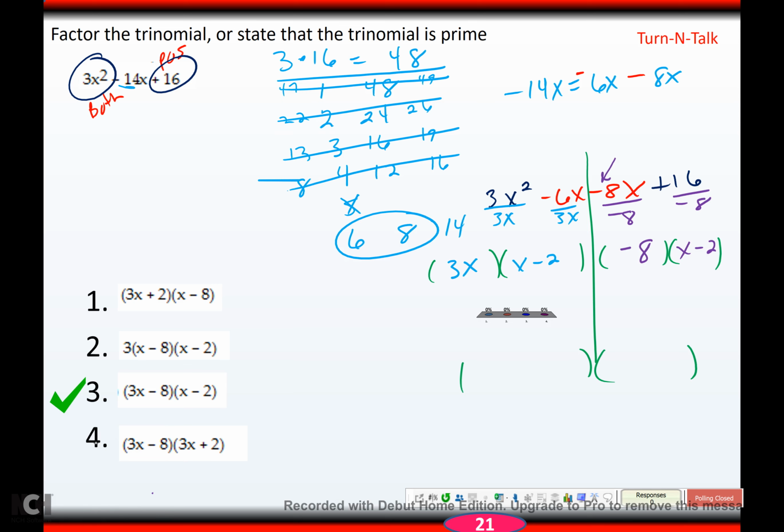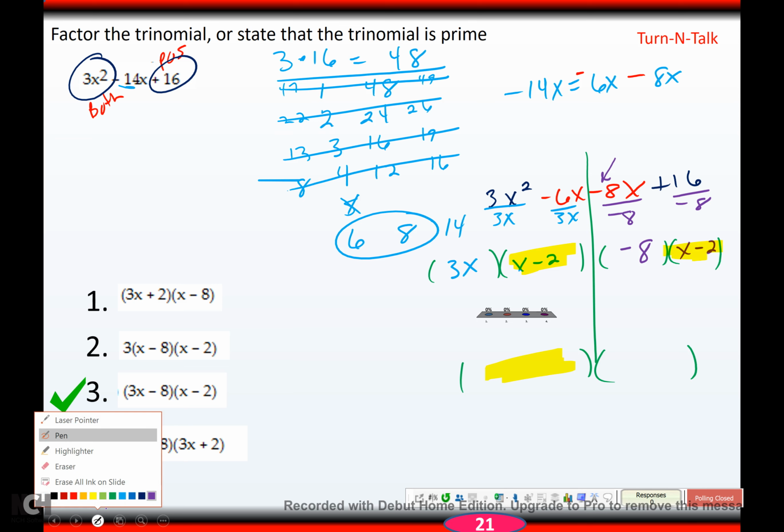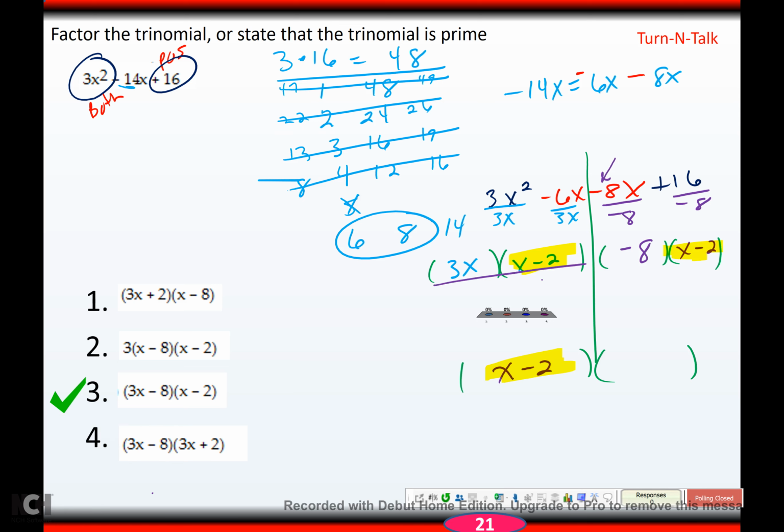At this point, we should have a matching binomial, or we did something wrong, or it's prime. But I do have a matching binomial, which is x minus 2. And to get what's left, I divide by x minus 2. And I get 3x minus 8. And it doesn't matter what order you put your factors in. Okay?